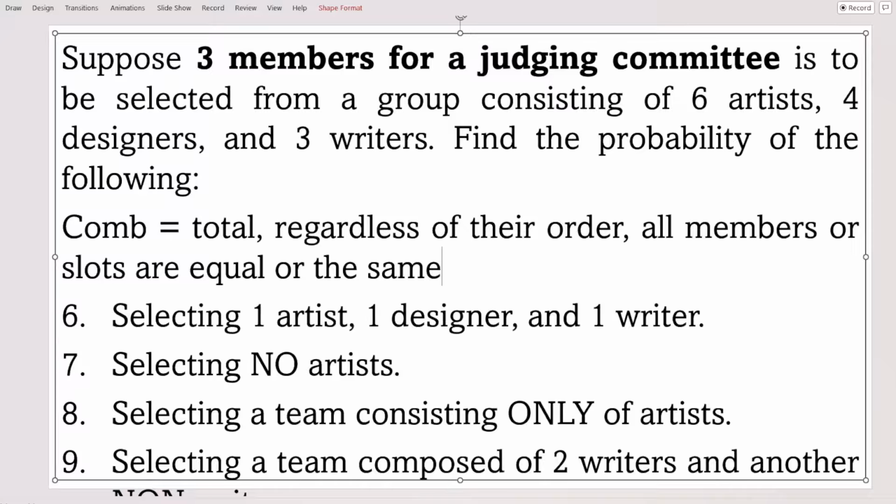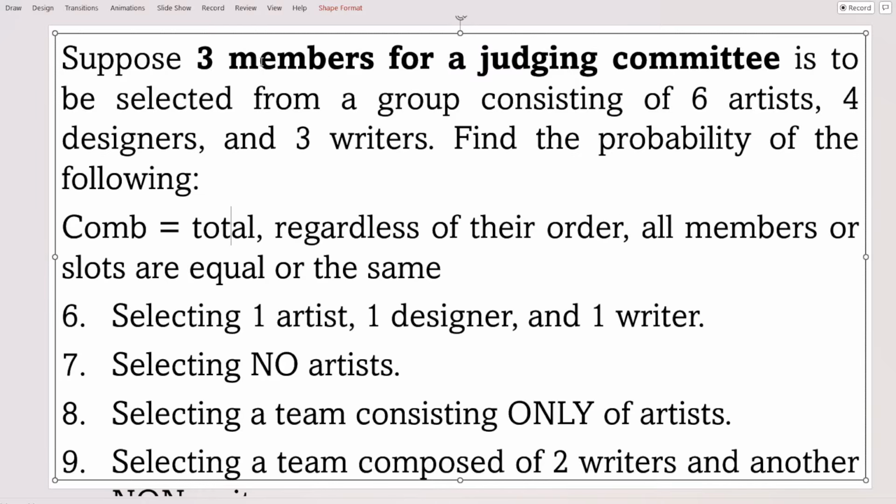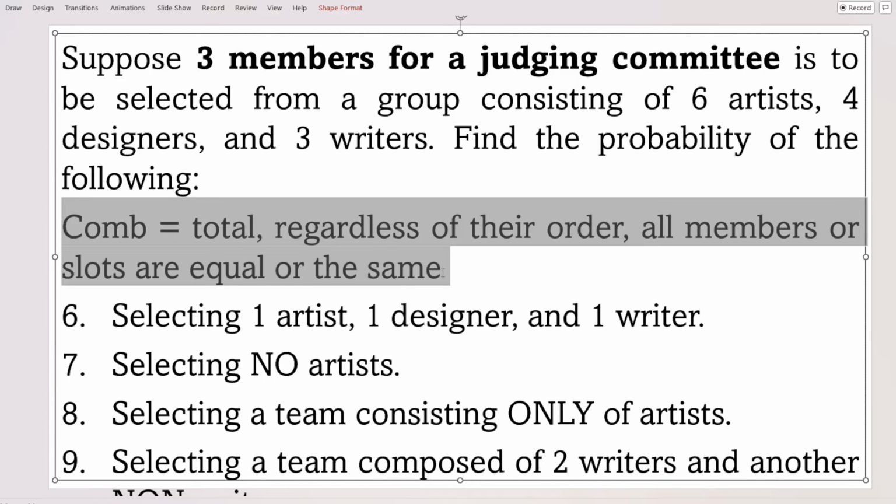These are the times where you're going to use combination. In this case, there are 3 members, all of these members are the same, they are all equal. So this is a combination problem.